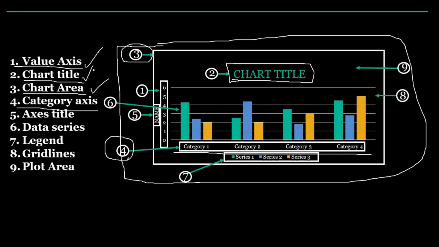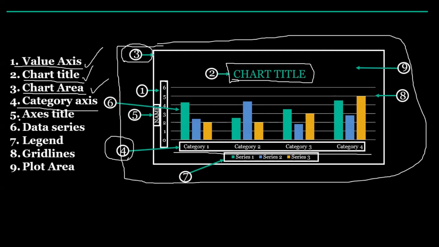Or we can say the value axis is in the direction of y and the category axis is in the direction of x. We call the category axis the x-axis, and the value axis is also known as the y-axis. Now we know about that.